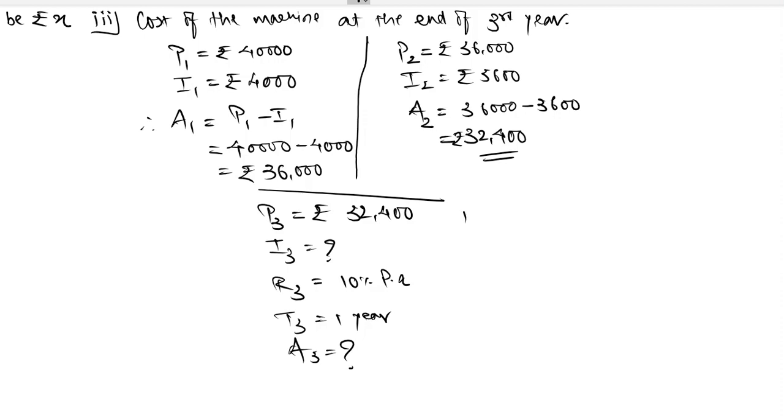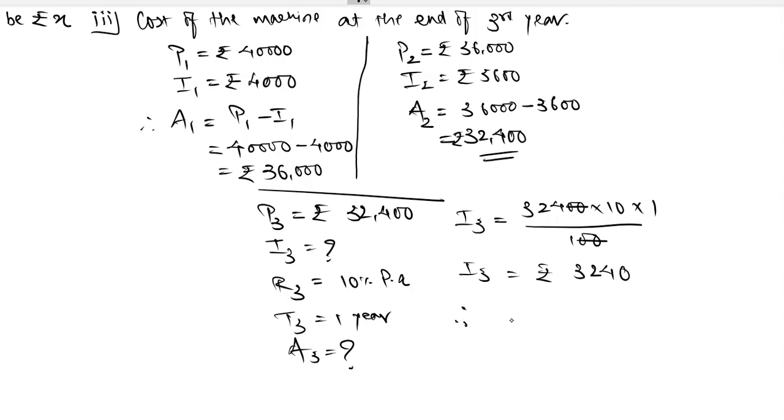So I3 is equal to 32,400 into 10 into 1 upon 100, which is rupees 3240.